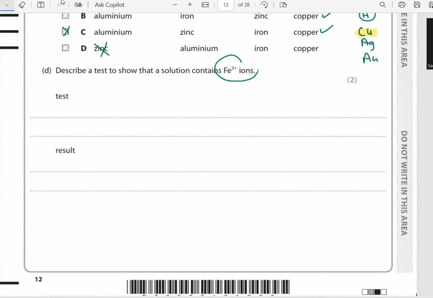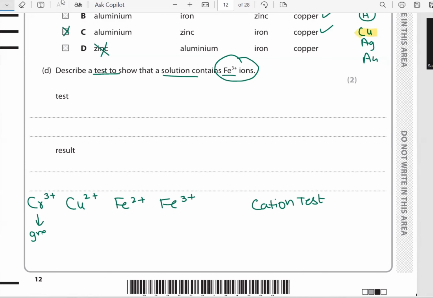Describe a test to show that a solution contains iron 3 ions. This is a cation test, which is a positive ion test. Let's revise some ions which give you colored precipitates: iron 2, iron 3, copper, chromium.